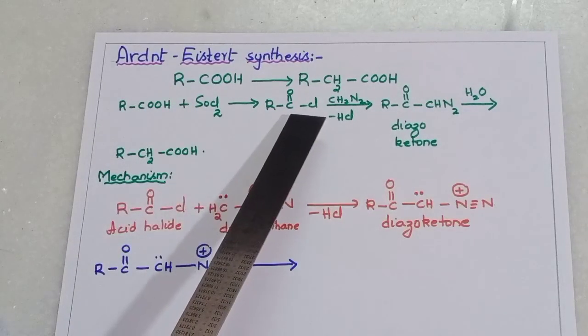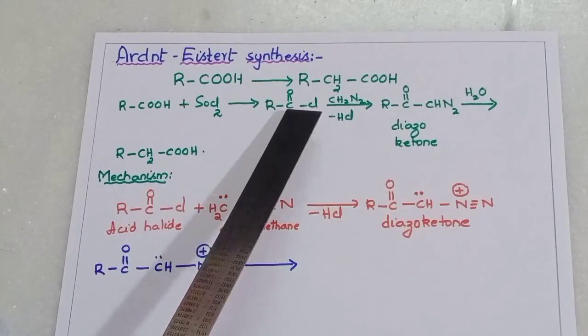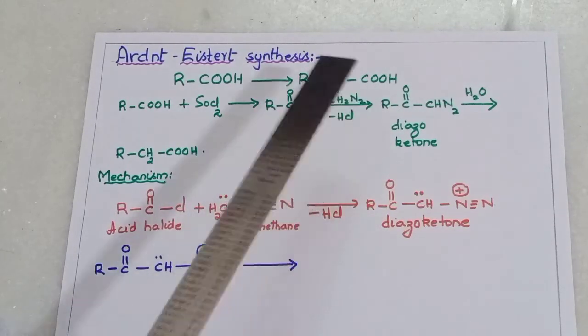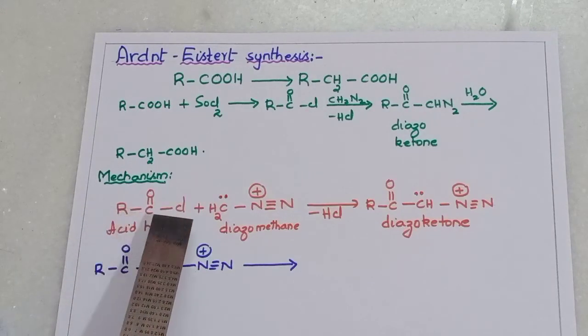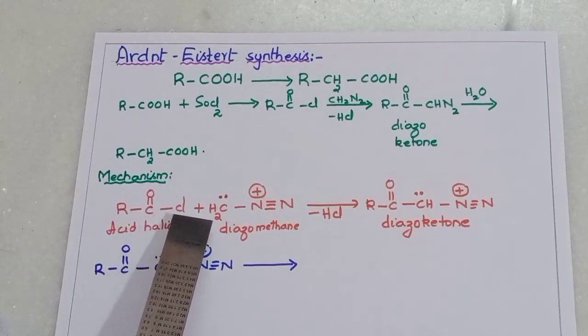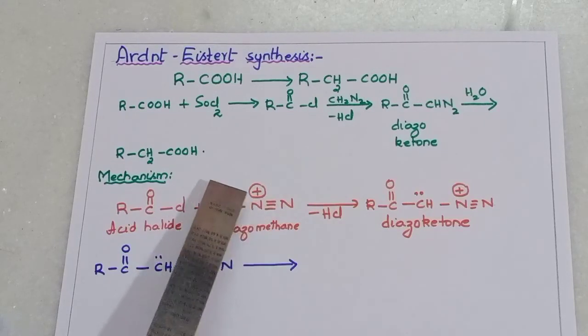See, the acid halide or acid chloride reacts with diazomethane: RCOCl plus diazomethane, CH2N triple bond N, and N has a positive charge.